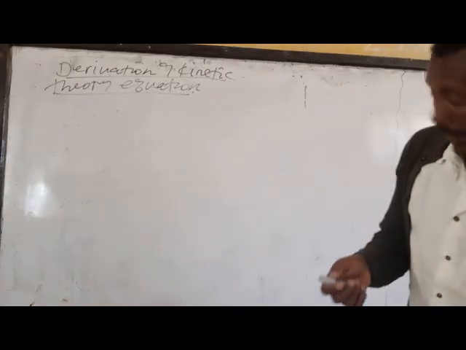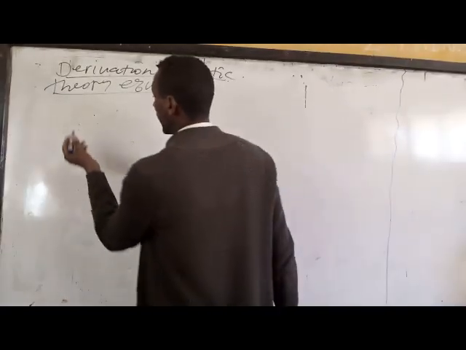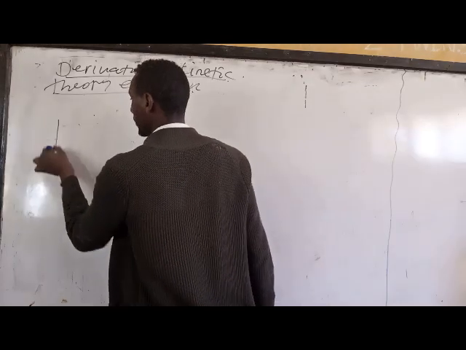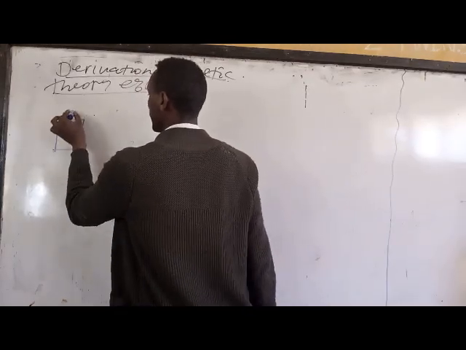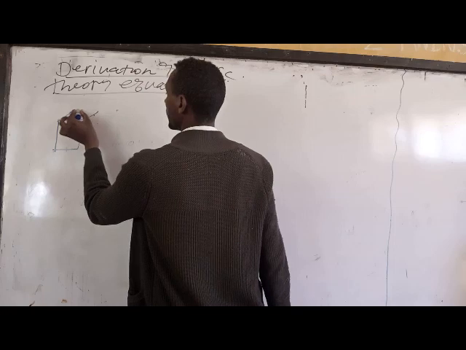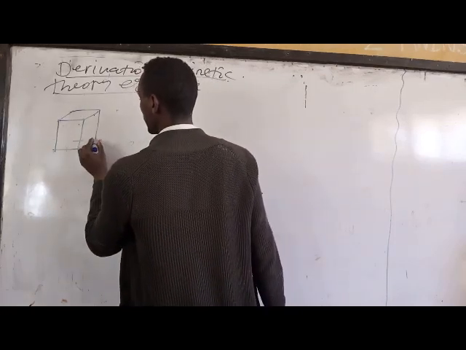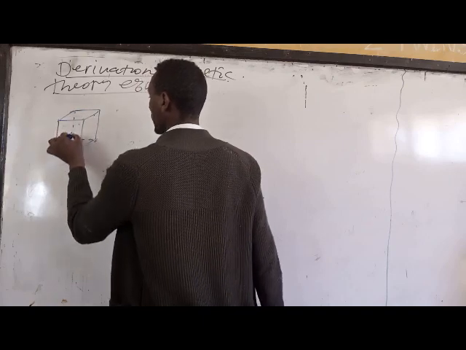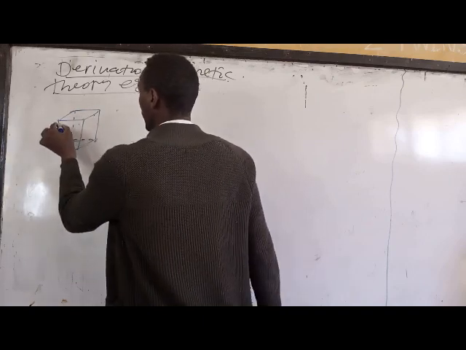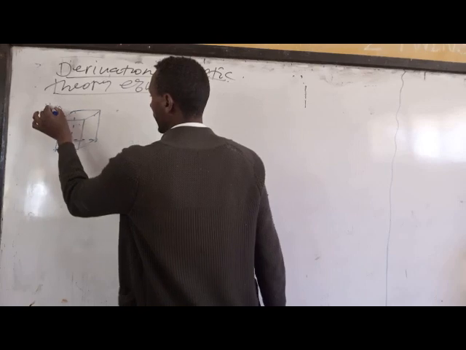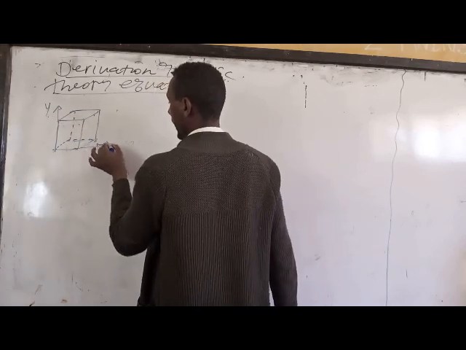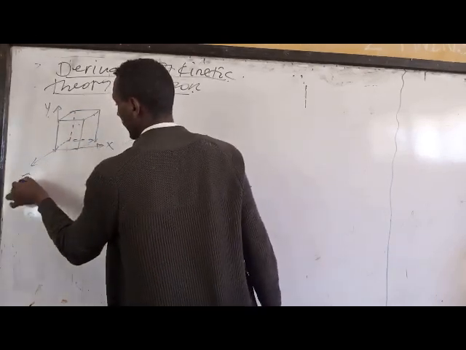Okay, let us consider a cube of length L that is full of N particles. We have this y axis, this x axis, and there is a z axis.